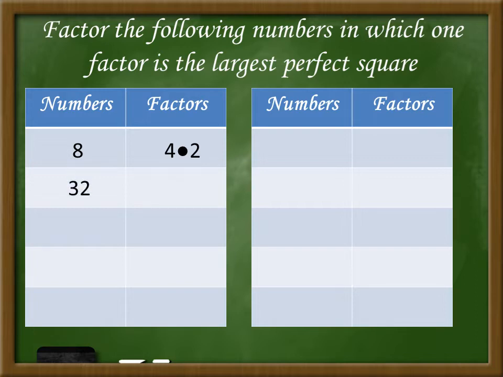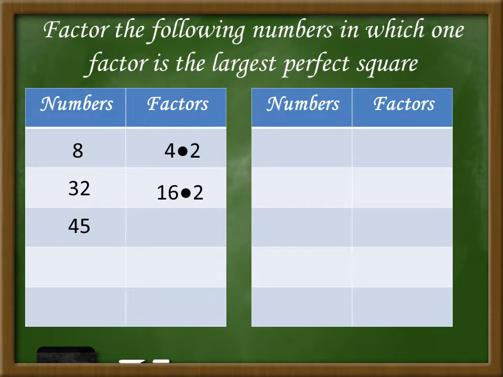32. What are the factors wherein the first factor is the largest perfect square to get 32? Correct. The factors are 16 times 2. Your 16 is the largest perfect square. Next number, 45.